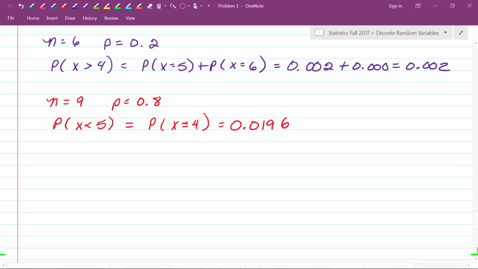So we're looking for the probability that x is greater than or equal to 1, n is equal to 7, and I think p was equal to 0.2, but I'm going to go back and double check that because I don't want to make a mistake. Yes, it is.